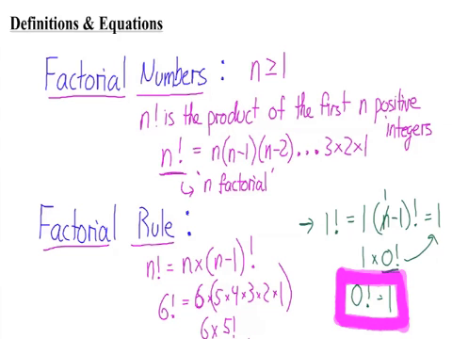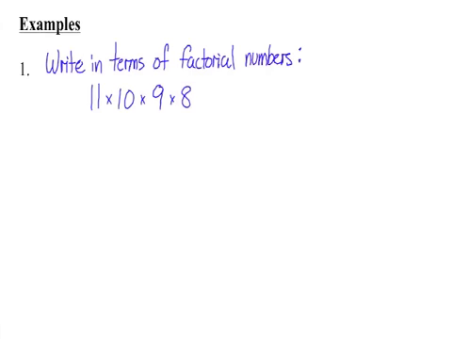Okay, let's do a few example problems. The first one is how to write a product like 11 times 10 times 9 times 8 using factorial notation. Notice that I'm not multiplying all the way down to the integers 3, 2, and 1. So I can't write this as 11 factorial. This does not equal 11 factorial. 11 factorial would be 11 times 10 times 9 times 8 times 7 times 6 all the way down to 1. However, I can rewrite this in terms of factorial expressions.